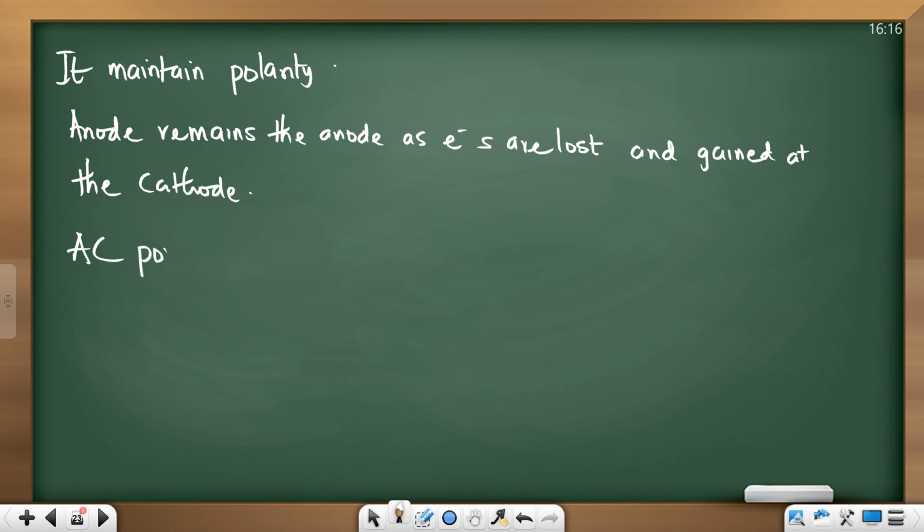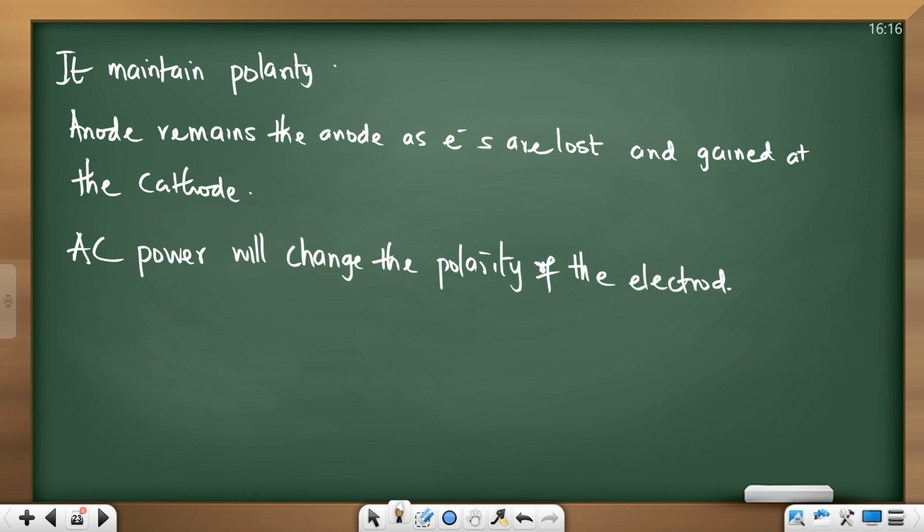AC power will change the polarity of the electrodes at every half cycle. I hope that is a very detailed answer for you now.